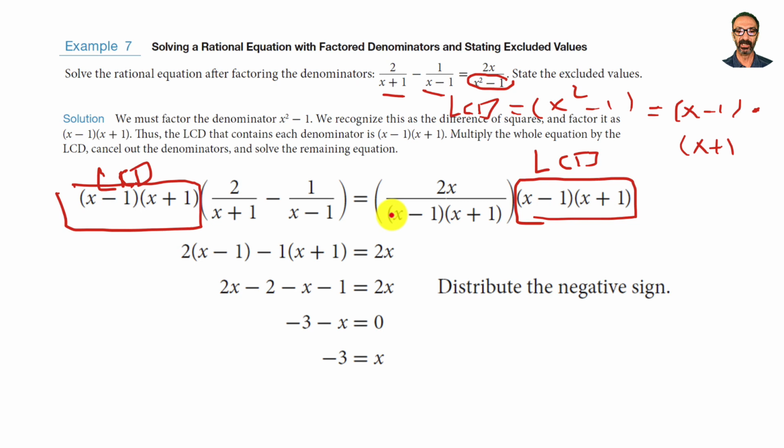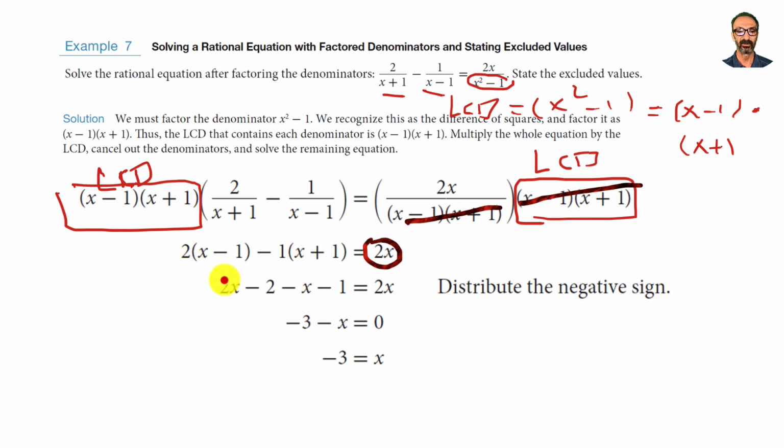Once you bring it, it's going to cancel this. Let's change the colors right here. It's going to cancel both, and you're going to end up with 2x. On this side, when you do the distributive, that x plus 1 cancels, and you'll see with x minus 1. When you go all the way here, the x minus 1 cancels, and you stay with x plus 1.